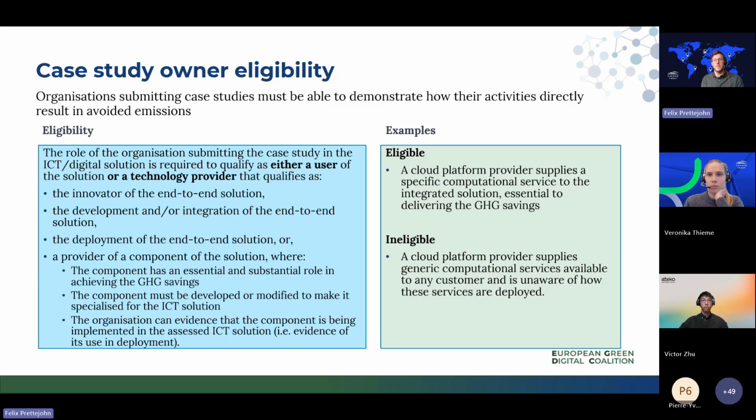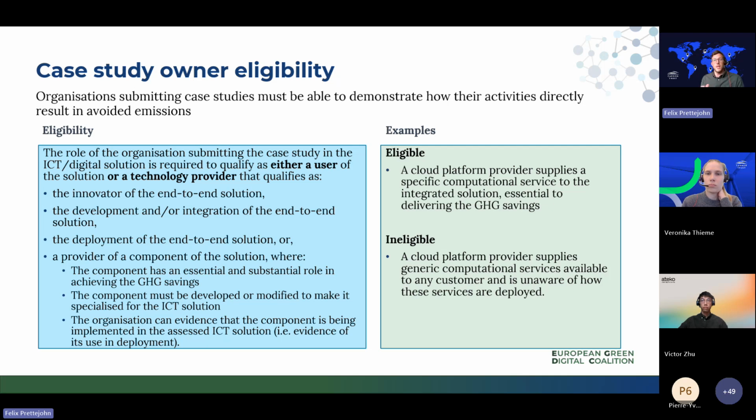So we recognize that there's a lot of organizations that are involved in the development of a particular solution. And within that, some people might be providing components or integrators. So it's designed to try and cover as many of those as possible. If you're a provider of a component of a solution, we ask that the component has an essential and substantial role in achieving the savings from that solution.